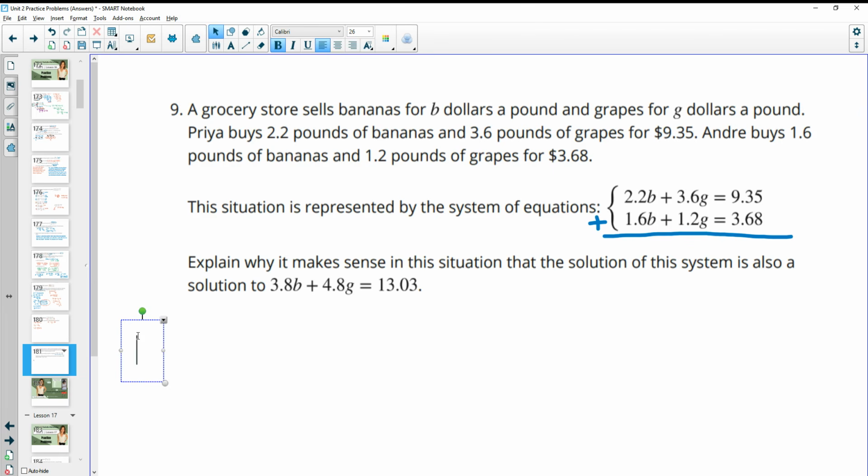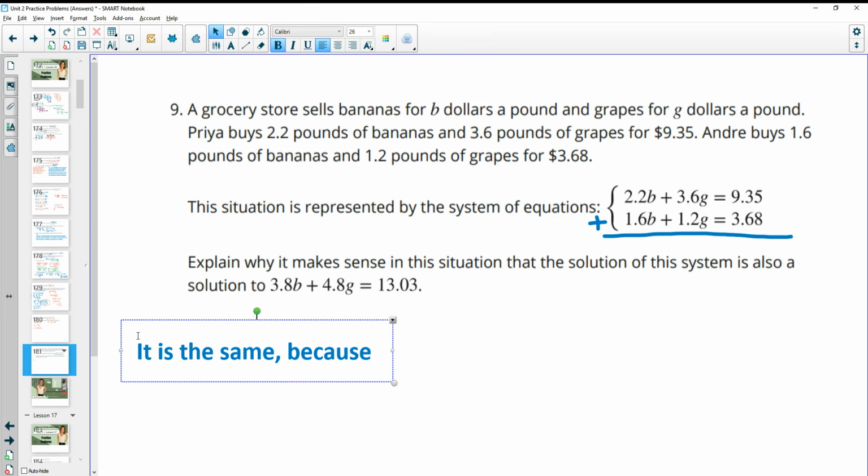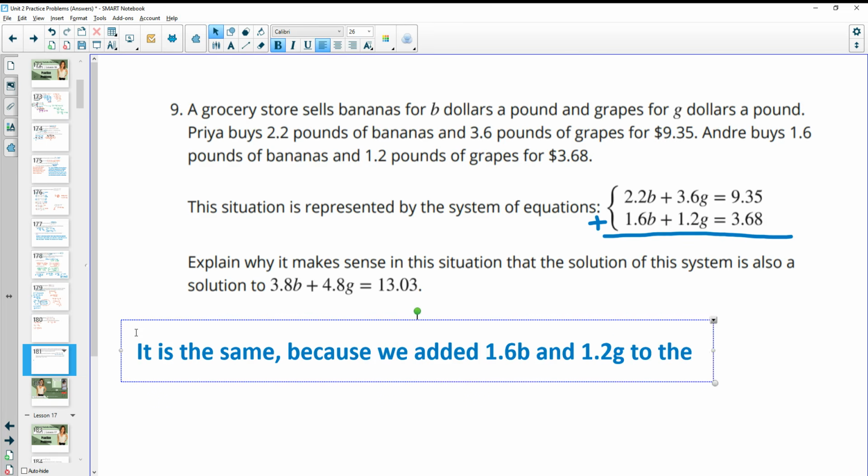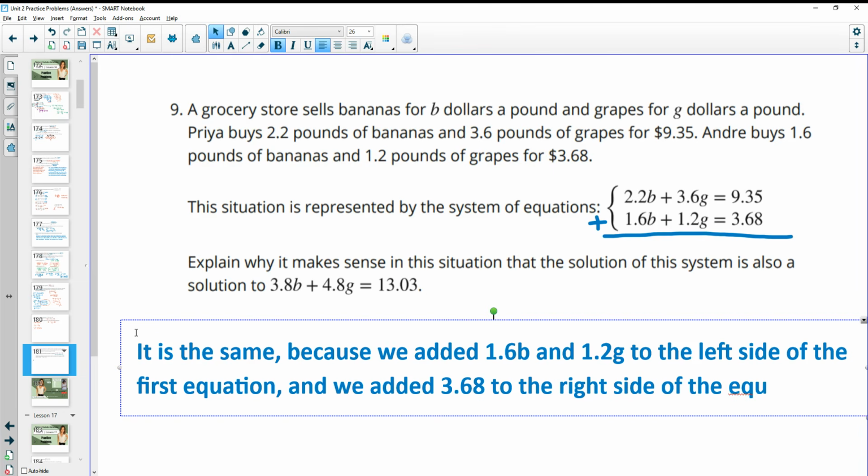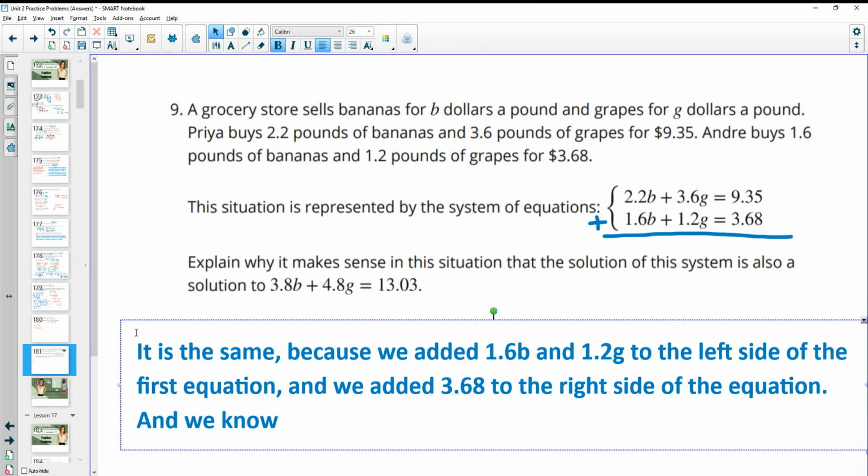So it is the same because we added 1.6b and 1.2g to the left side of the first equation. And we added 3.68 to the right side of the equation. And we know that 1.6b plus 1.2g equals 3.68.